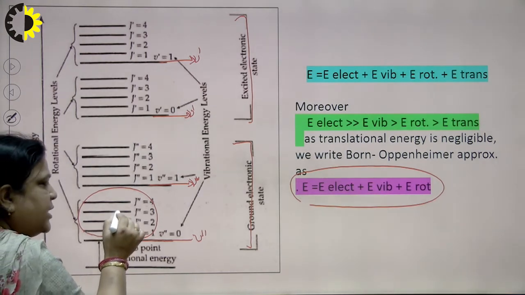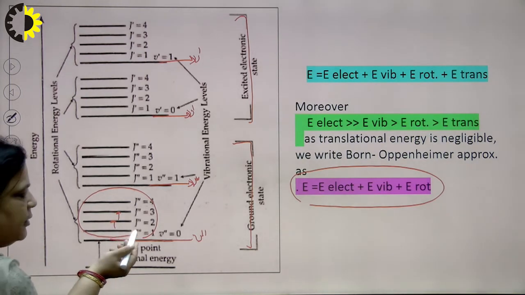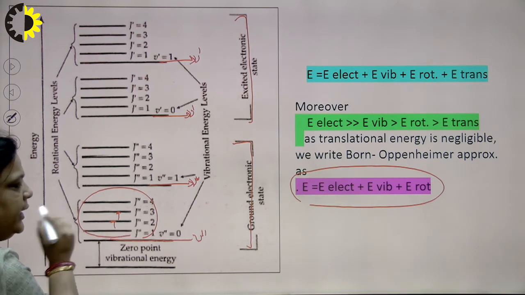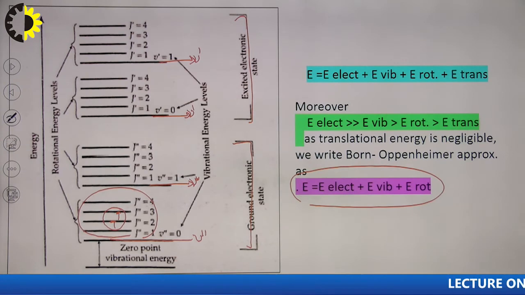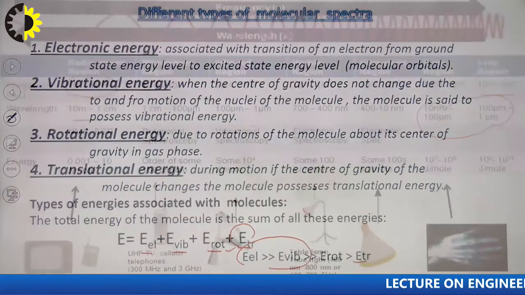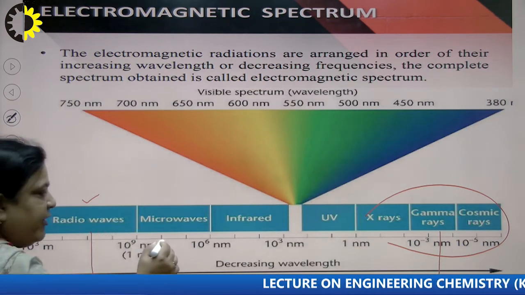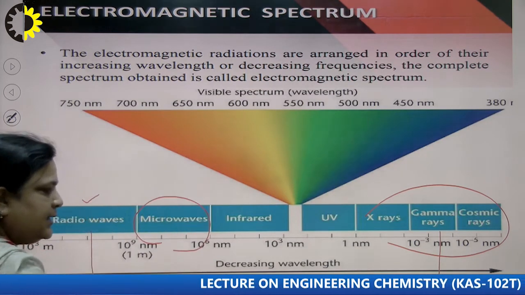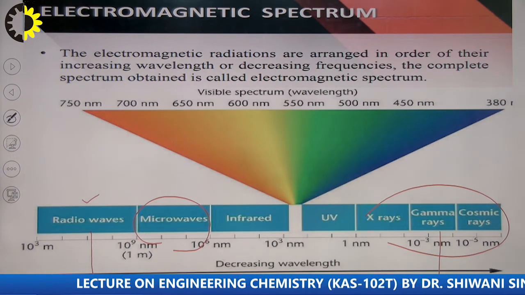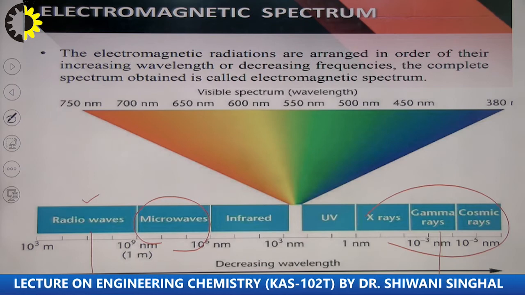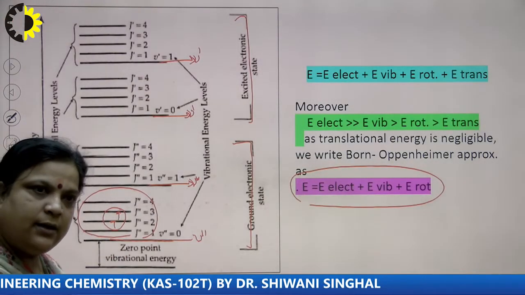for rotation, the transition from J equals 0 to 1, 1 to 2, 2 to 3 requires a very small amount of energy. A very small amount of energy required means that, if we compare with this, the microwave has lower frequency, meaning it has less energy, so for rotation microwaves are sufficient.